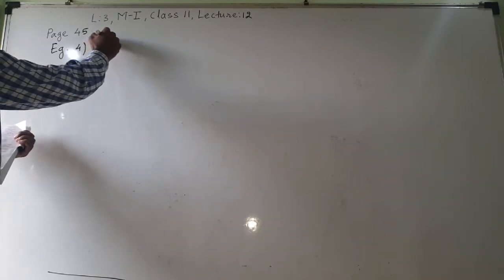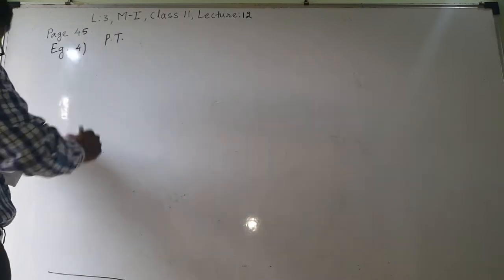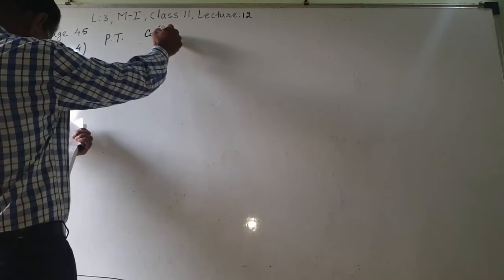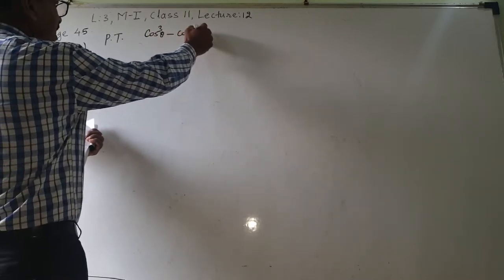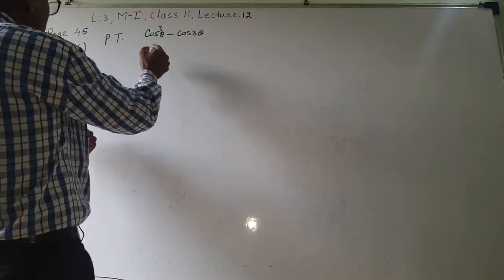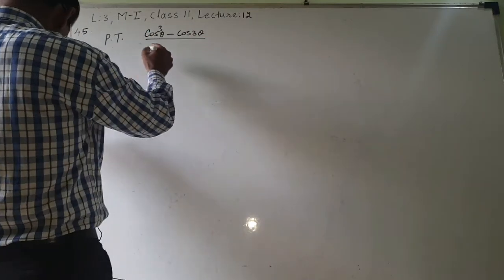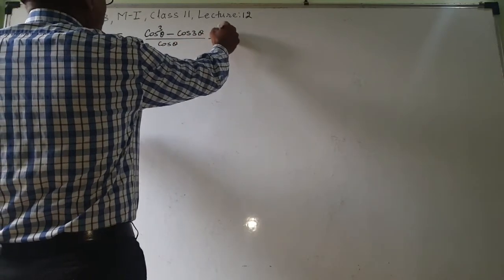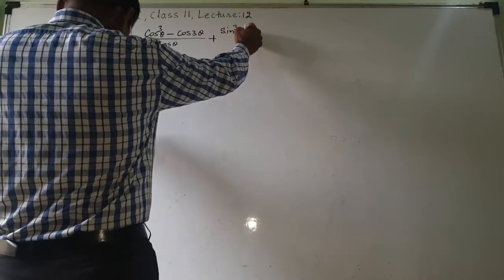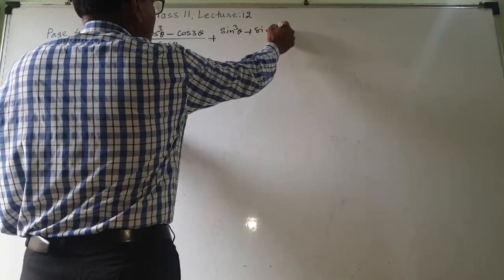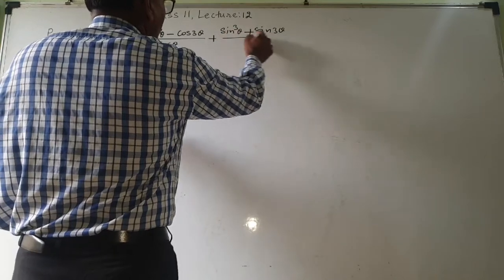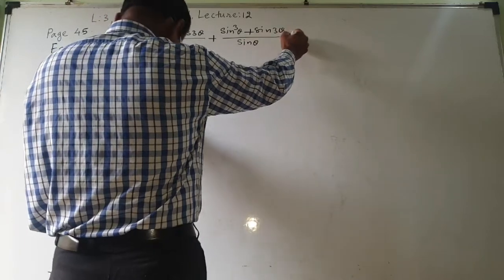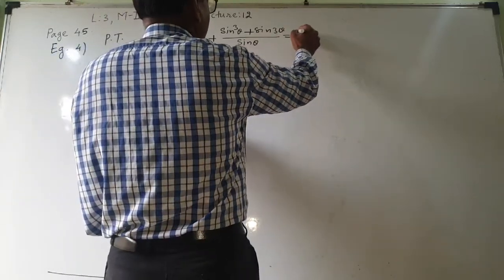Prove that (cos cube theta minus cos 3 theta) upon cos theta plus (sin cube theta plus sin 3 theta) upon sin theta is equal to 3. This we have to prove.